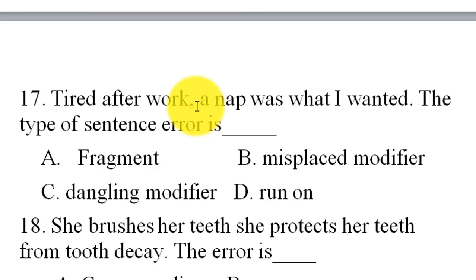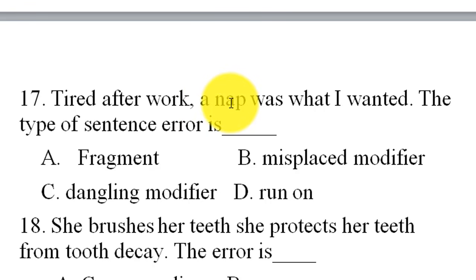Run-on: two sentences cannot be separated by any kind of punctuation mark. Run-on means two main clauses without any punctuation mark or separation. Dangling modifier means the subject of the principal clause is not similar with the main clause.